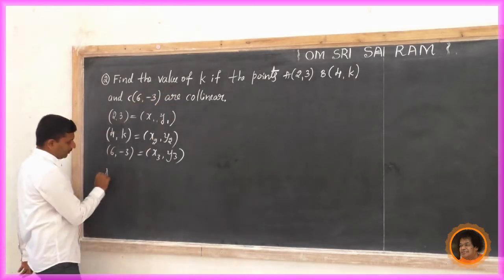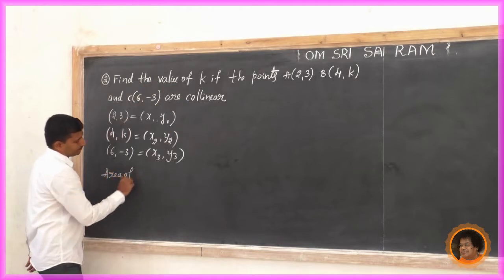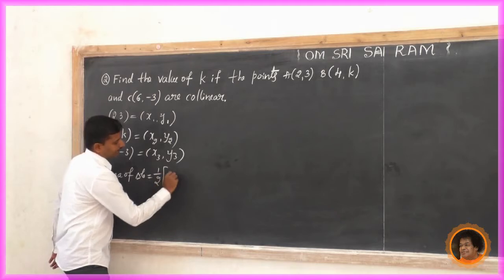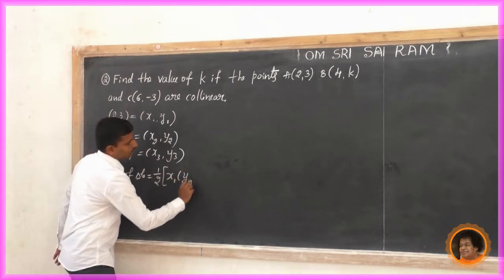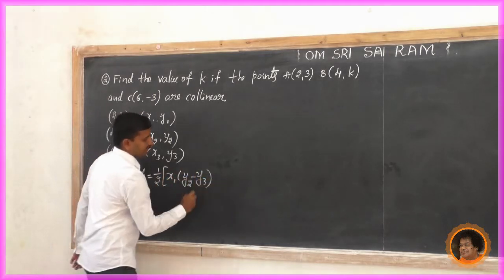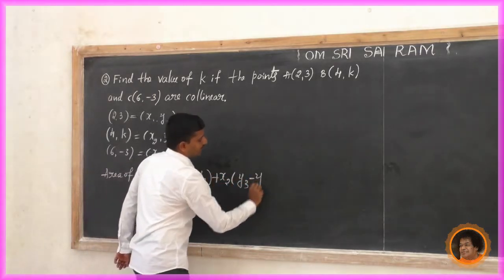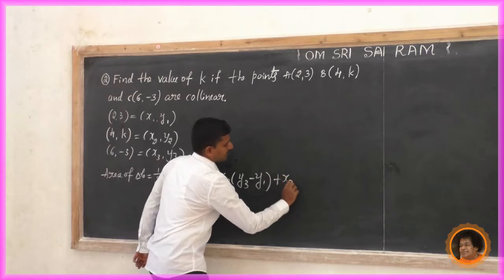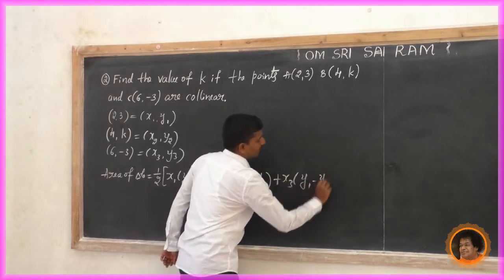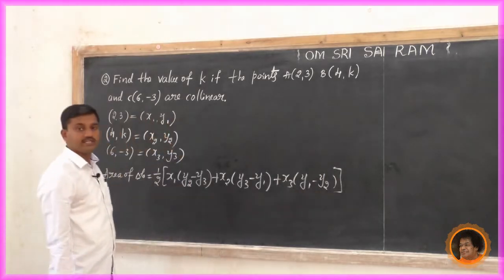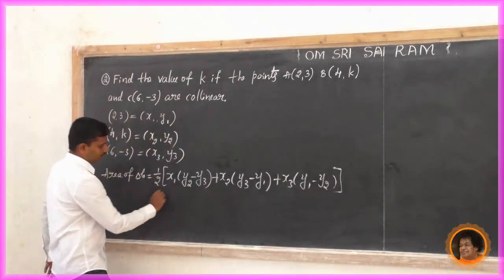So the area of the triangle equals half into x1 into (y2 minus y3) plus x2 into (y3 minus y1) plus x3 into (y1 minus y2). This is the formula to find the area of the triangle. Now substitute the values.